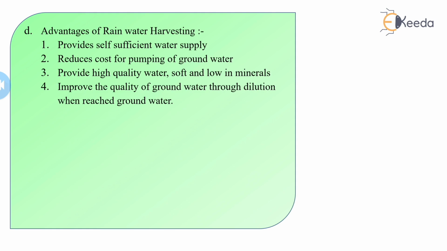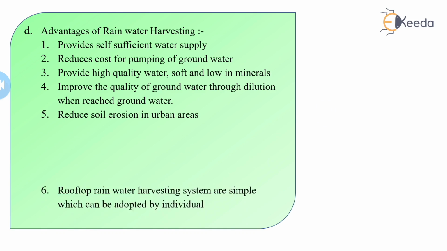Through this filter media, if there is debris, a larger particle, silt, or any smaller particle, we can filter that water and we will get fresh water that can be used for various purposes. It improves the quality of groundwater through dilution when it reaches the groundwater. It reduces soil erosion in urban areas.